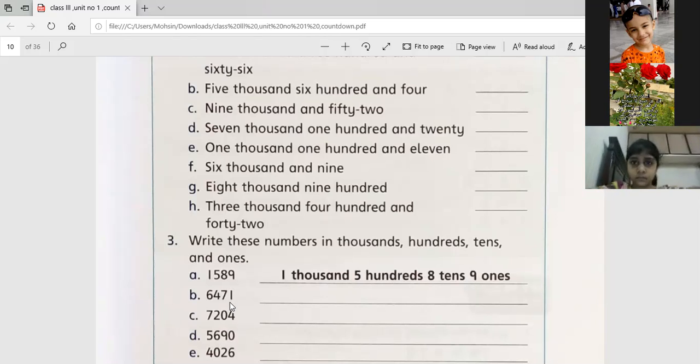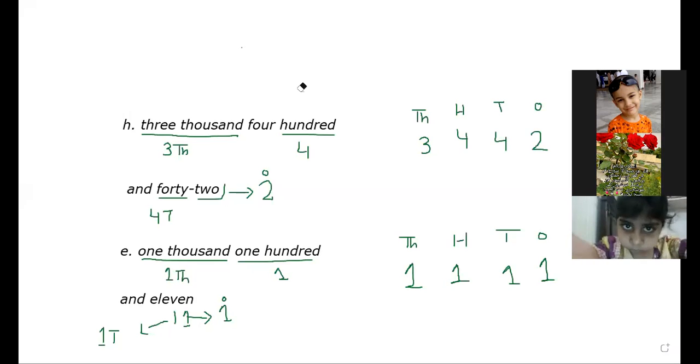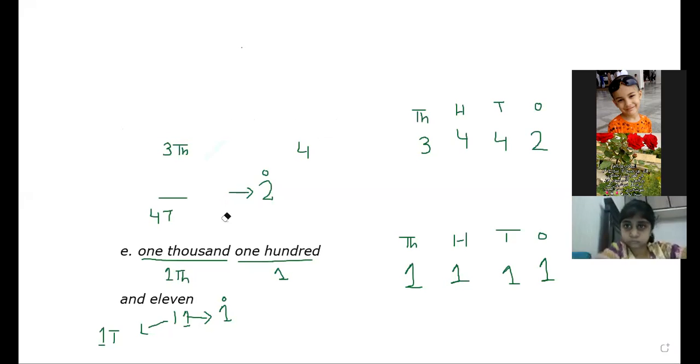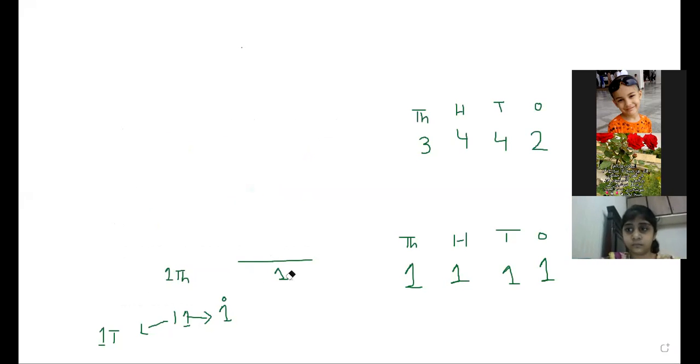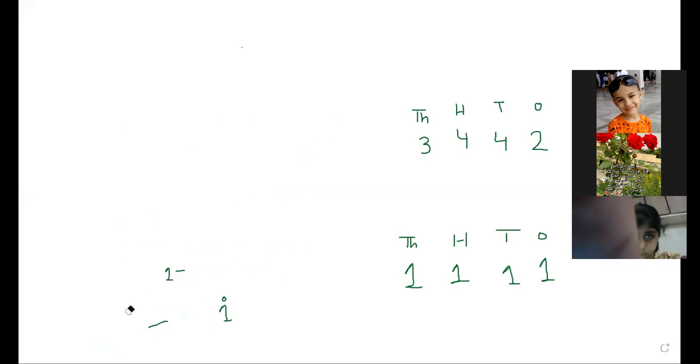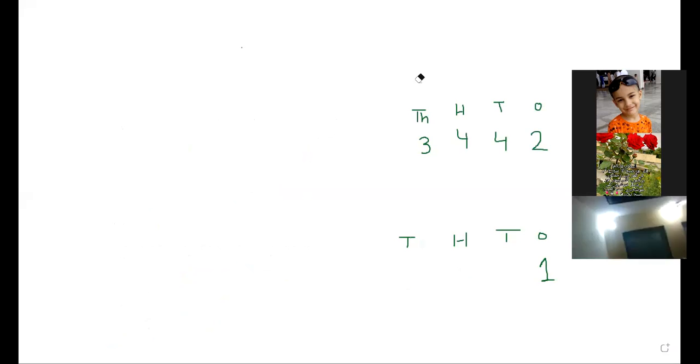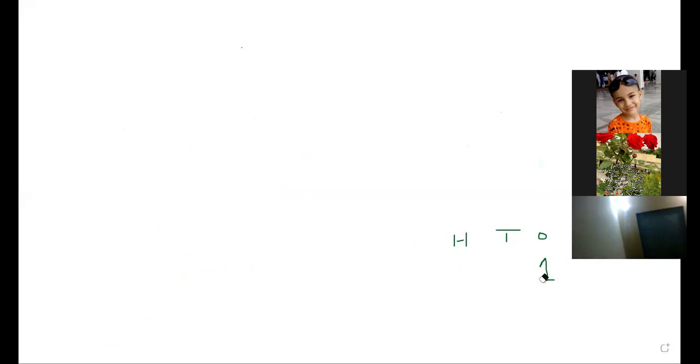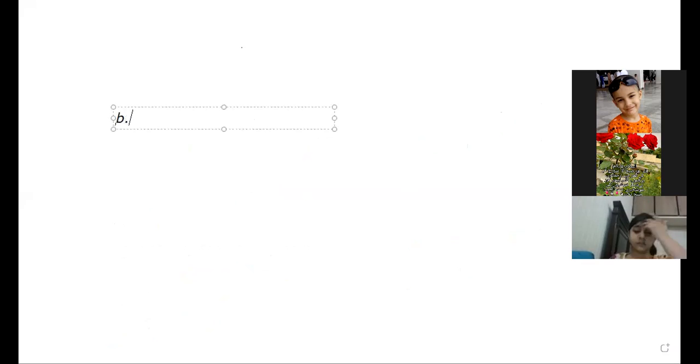Now I'm going to do B part for you on the board. In B part, they write a value that is 6471.